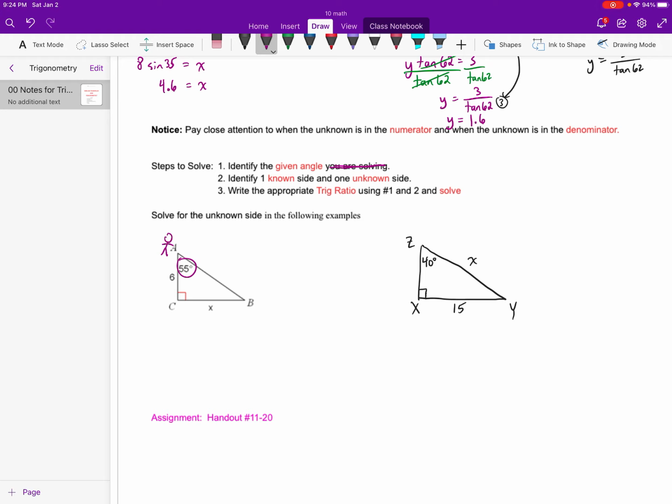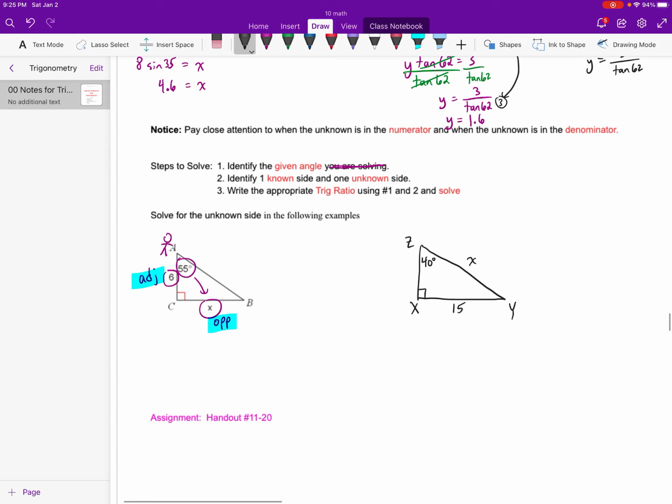From the stick-it's perspective, we're going to identify one known side. The known side is right here, which we would call the adjacent side. Notice it's beside angle A. And then we identify one unknown side. The unknown side is x, and this side is the opposite to A. So we ask ourselves, what trig ratio uses opposite and adjacent?